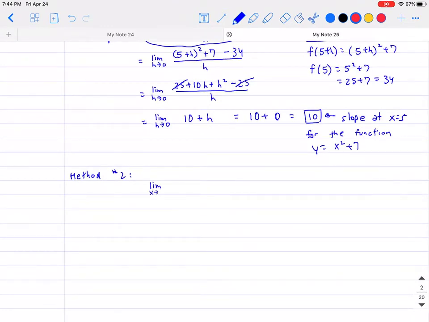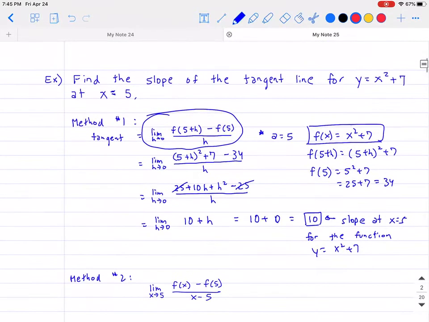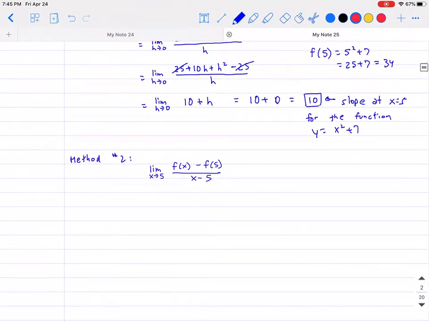So what I want to do now is use equation number 2 over here. Limit as x approaches 5 of f of x minus f of 5, all divided by x minus 5. So again, if I solve for this limit problem, then I should be able to solve for the slope, which would hopefully then be the same answer as what I just got right above it.